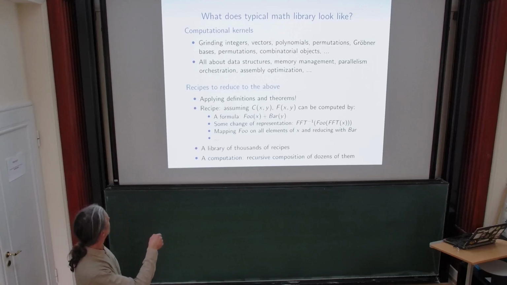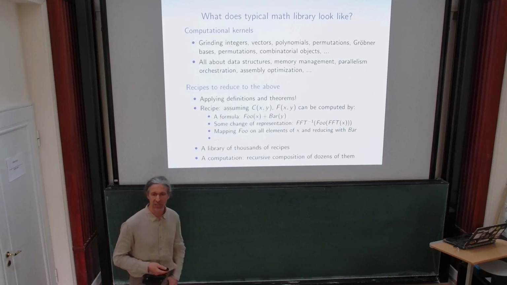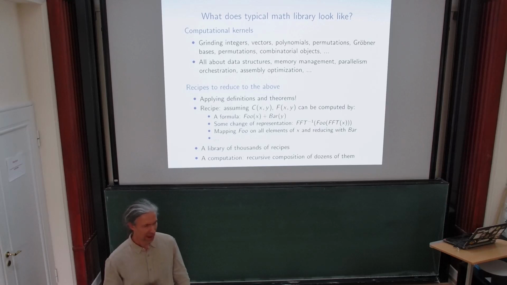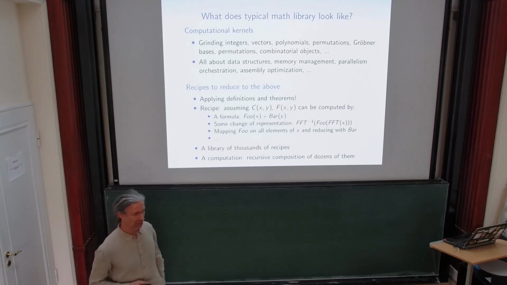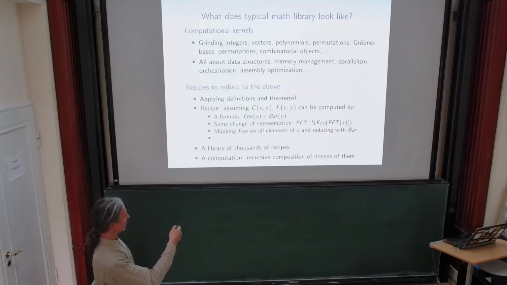And then, on top of this, you have a lot of stuff, which is recipes to reduce to this. One of the quotes of William Stein, the founder of SageMath, is that the art of mathematics is to reduce everything to linear algebra. I don't agree. It's to reduce everything to linear algebra and combinatorics. Others may have different perspectives on that. But when we do a lot of computations, and physicists do this all the time, we reduce everything to linear algebra. Same for mathematics. These are the things we know how to do efficiently, and then we try to reduce to this.